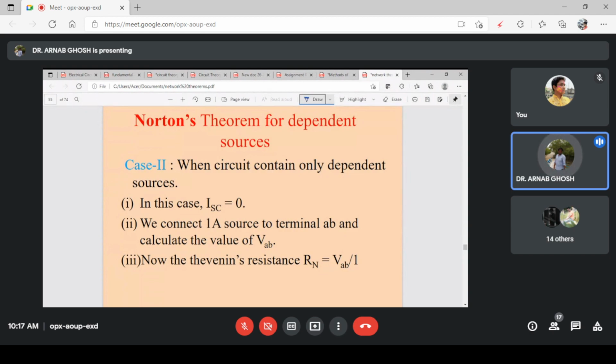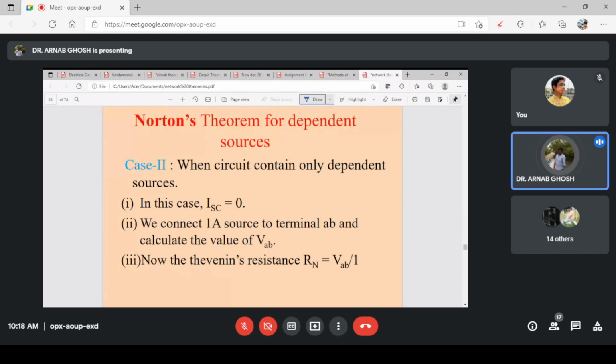If you remember, or if you have gone through the last day's notes that I had sent you, for the dependent sources case in Thevenin's theorem as well, we connected a 1 ampere source between the terminals A and B, and from that we calculated the voltage across the terminals, because otherwise your VOC was coming out to be 0, and we calculated the Thevenin's resistance as RTH equals VAB by 1.